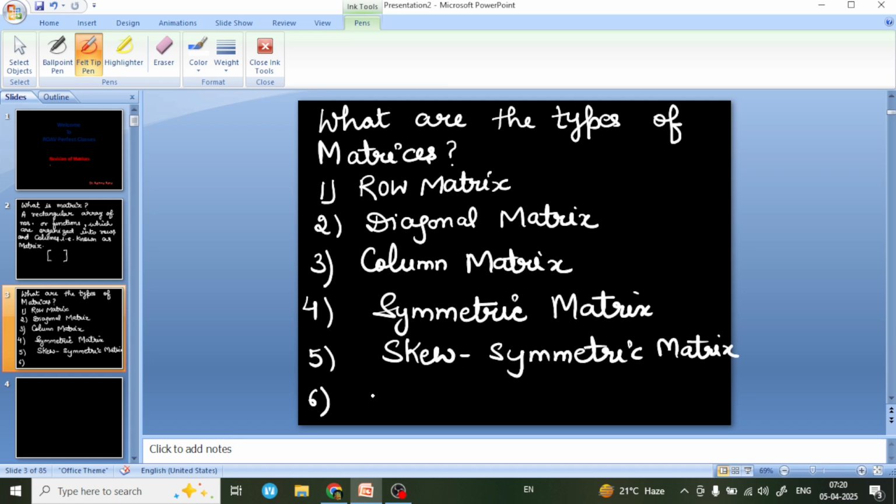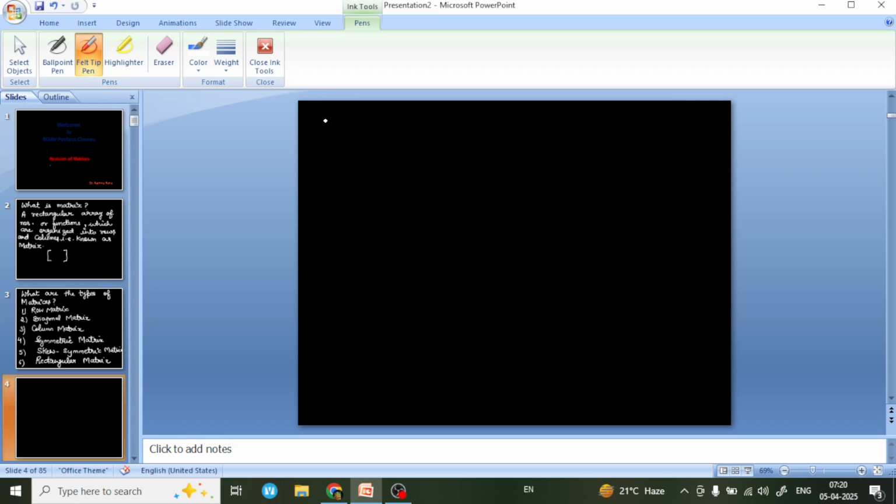Sixth, rectangular matrix. Seventh, square matrix.